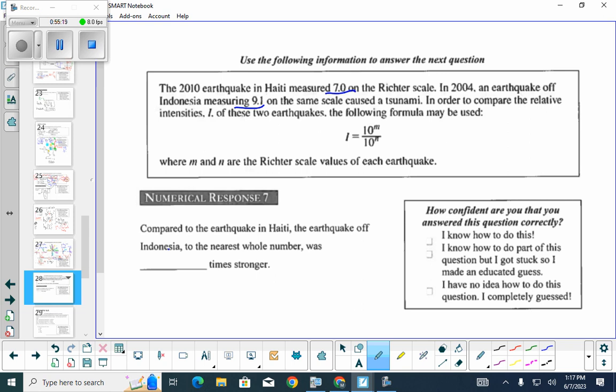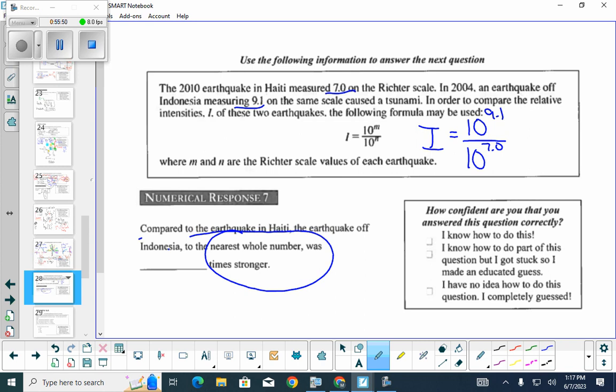Is 2 divided by 4 the same as 4 divided by 2? No. 2 divided by 4 will give you a small decimal, whereas 4 divided by 2 will give you a large integer. So we want to make sure that when we plug this in here, we do the larger one on top and the lesser one on the bottom, because we want to end up with a number that is stronger, right? We want to end up with a big integer.